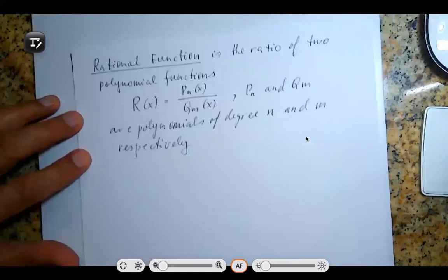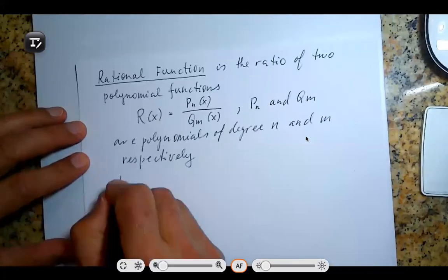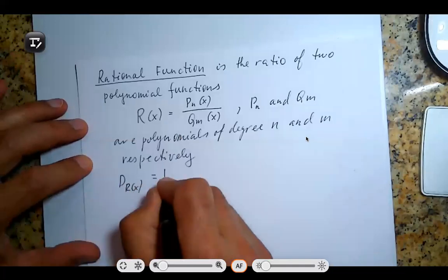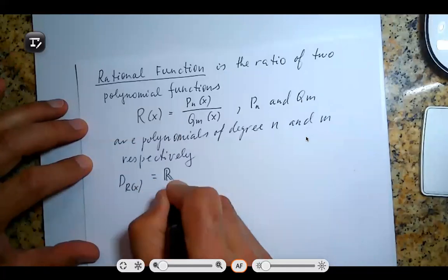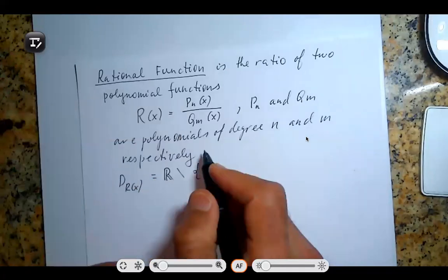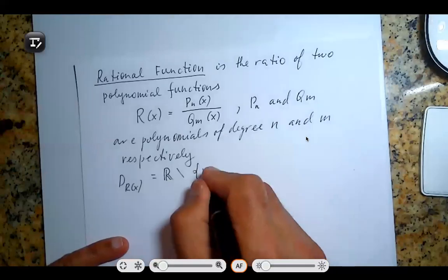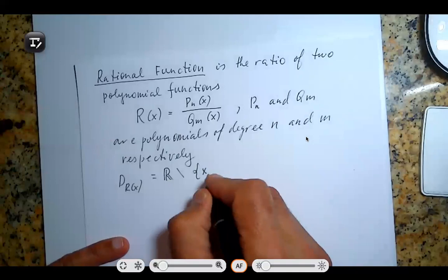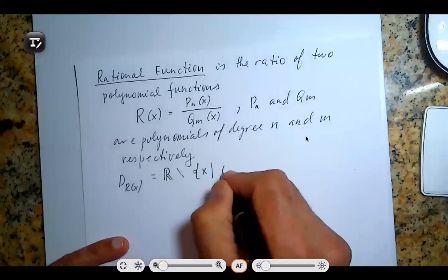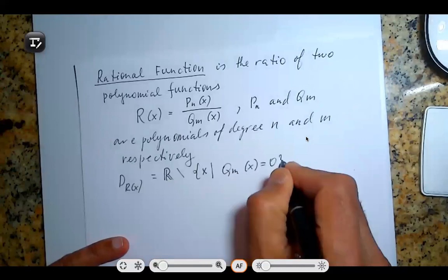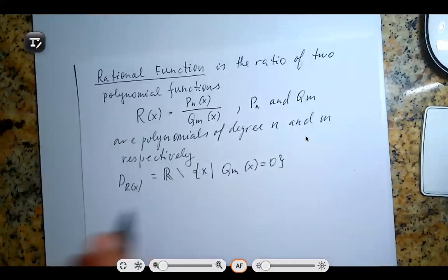So what is the domain of a rational function? It's all real numbers except the x's which make Q sub m of x equal 0. From the entire number line, you have to take out the values which make the denominator 0.